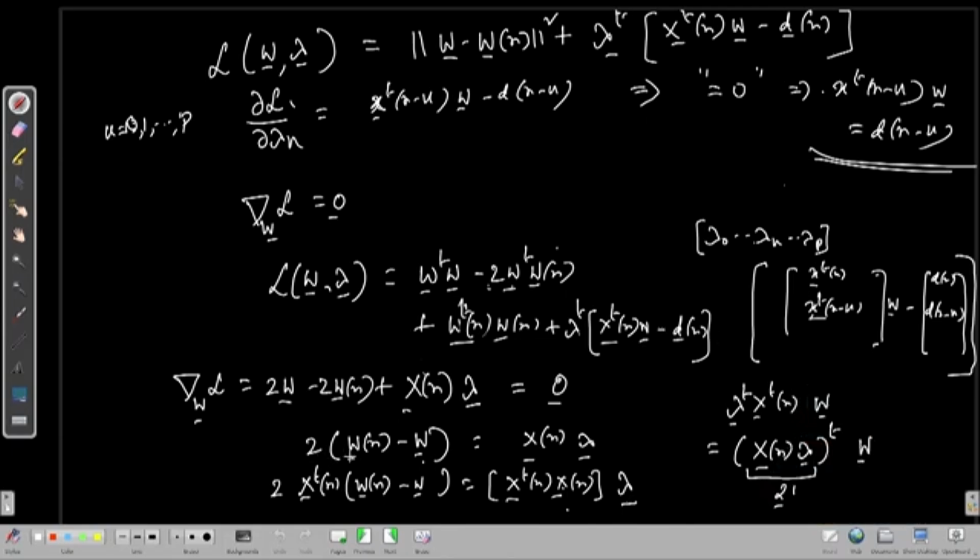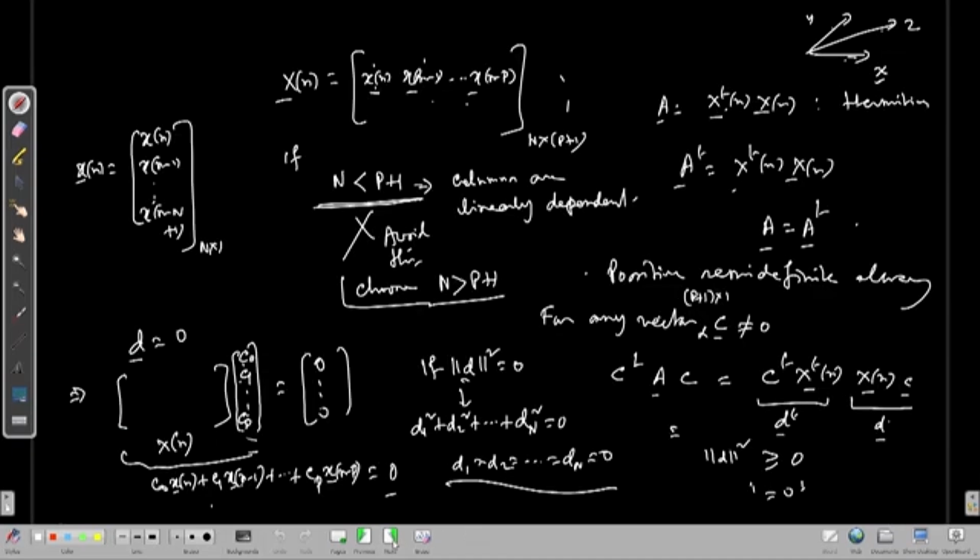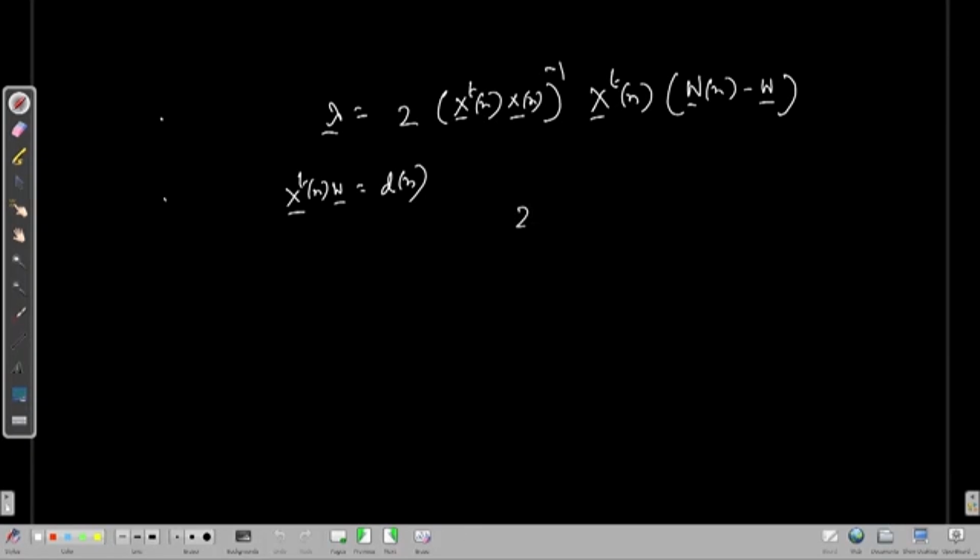Then come to this equation, 2 w n minus w is X n lambda. Lambda I will put here. So, lambda you put here.